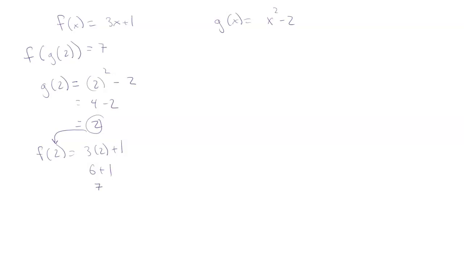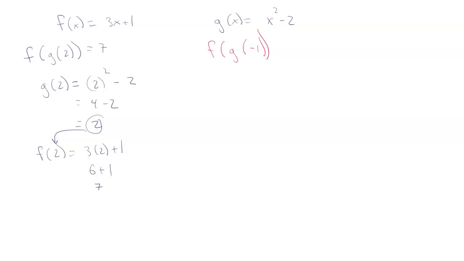Now, it's not always going to work out that you'll get the same answer. So let's try it again. Right, let's try f of g of negative 1. Let me rewrite this a little bit better. So f of g of negative 1.